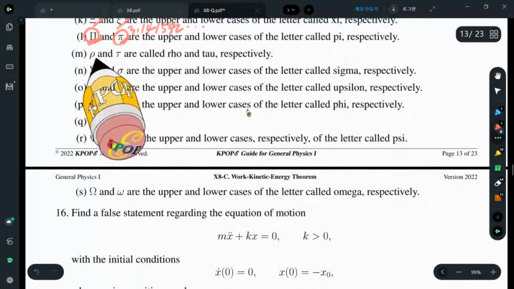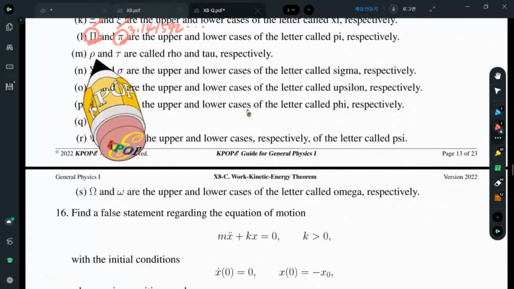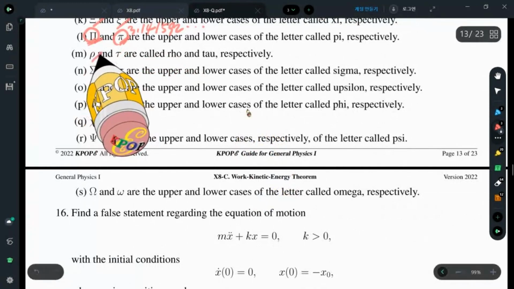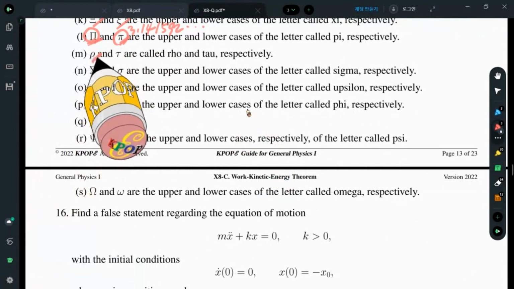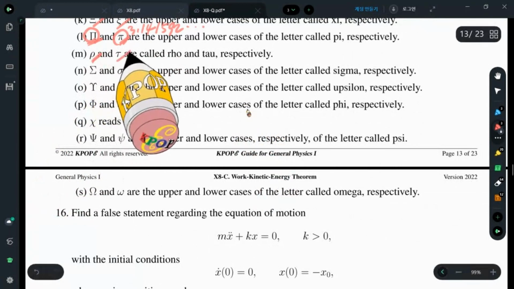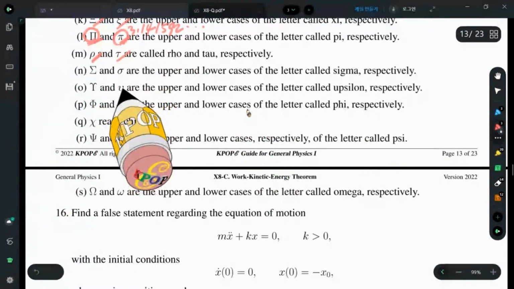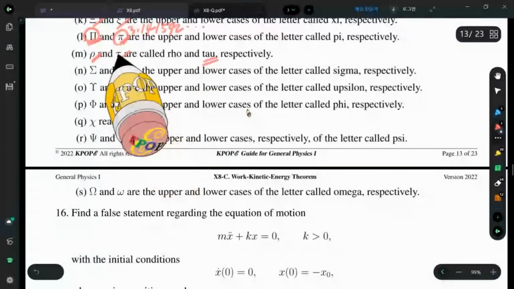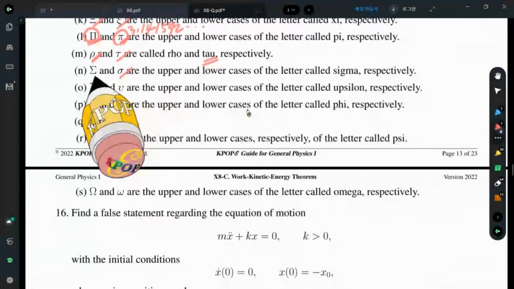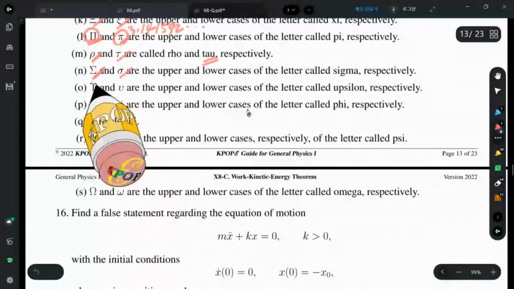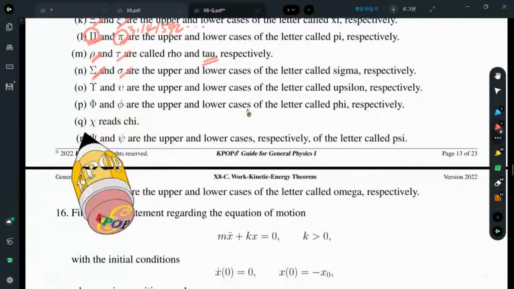Rho is for density or something like that, because it is a ratio, R, so rho. And T is tau. Sigma is for standard deviation, and capital sigma is for summation notation.